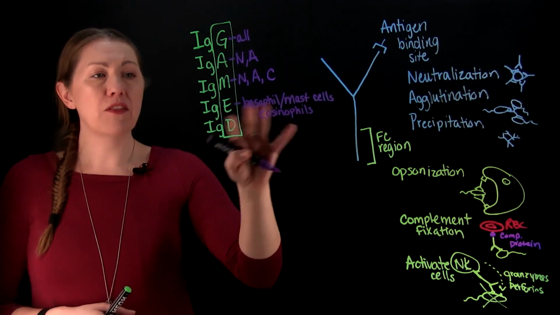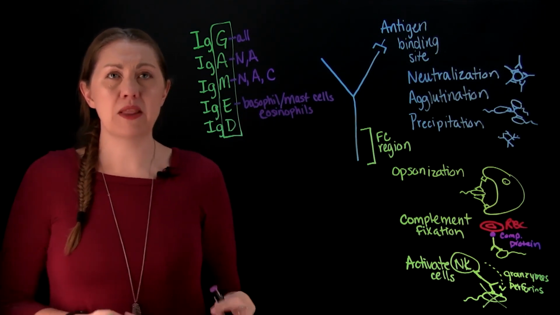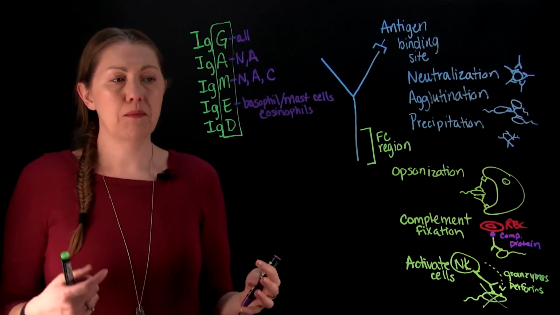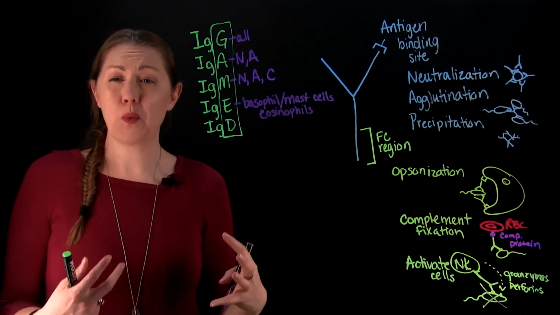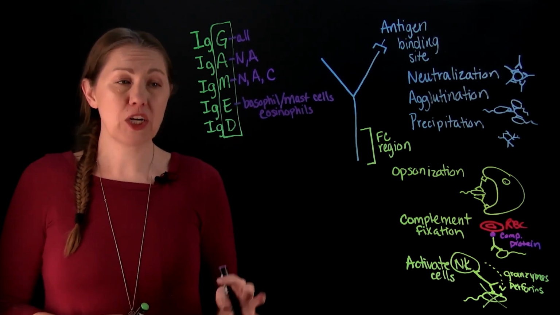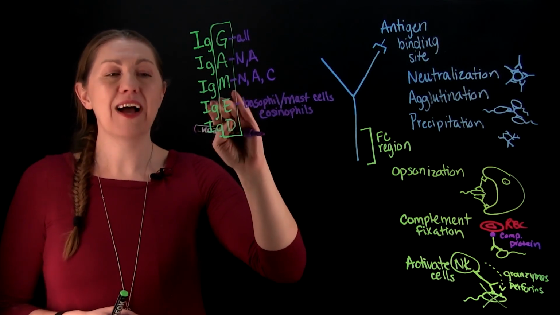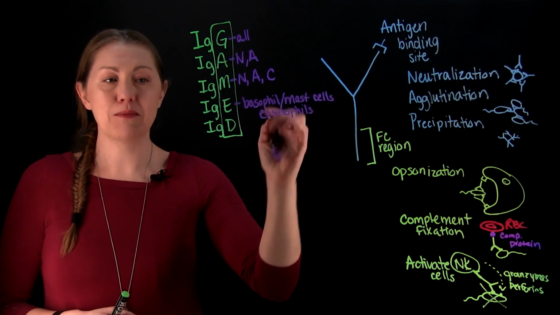But specifically, IgE is on the surface of the basophils and the mast cells. The eosinophils deal with the inflammation when you're dealing with pathogens like a worm. Remember, eosinophils are really good at parasitic worm infections. So we can activate them, but directly, IgE antibodies are on basophils and mast cells.